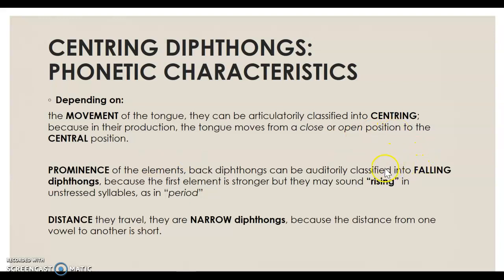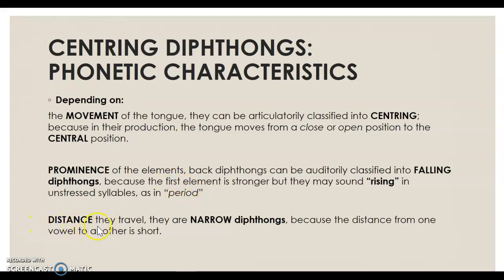And we can say that they are falling because the first element is stronger than the second, but in the case of the diphthong ɪə, it may be rising in unstressed syllables, like in the case of period. The second ɪə is rising because the first element is not stronger than the second one.